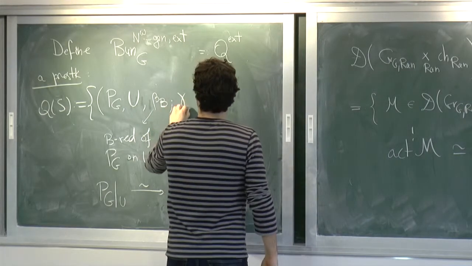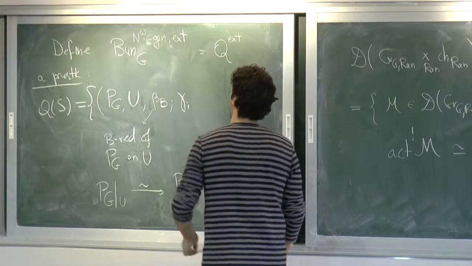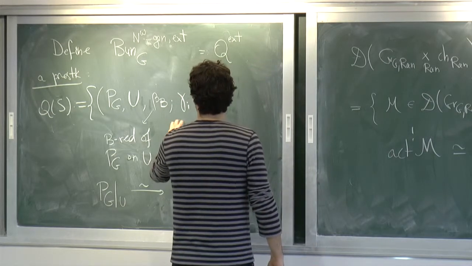And then what I have is a bunch of gamma_i. How many? For i going from 1 to r.